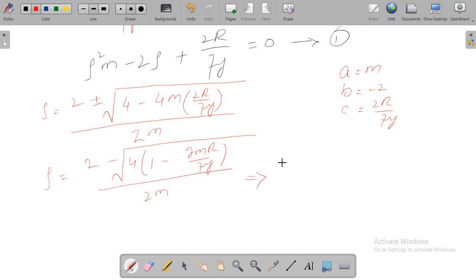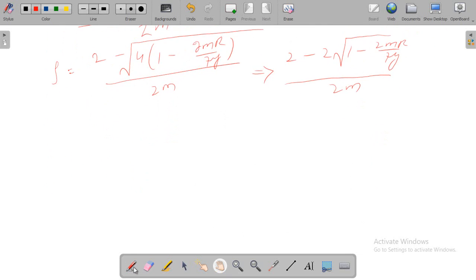So this 4 will be shifted to the outside of the root, because we know that 2 square under the root will be equal to 2, because 2 times 2 equals 4, so 2 into 1 minus 2MR divided by Fy divided by 2M, right?